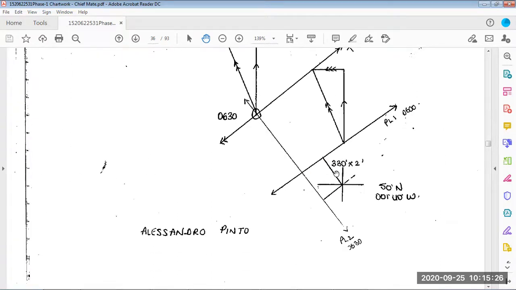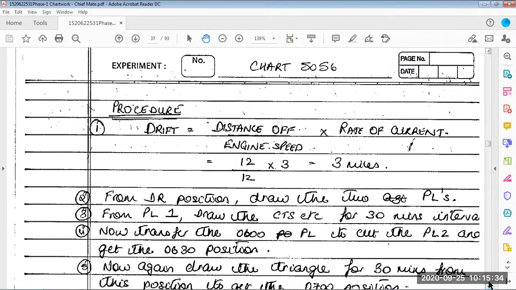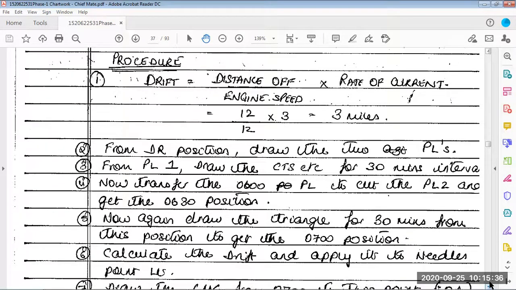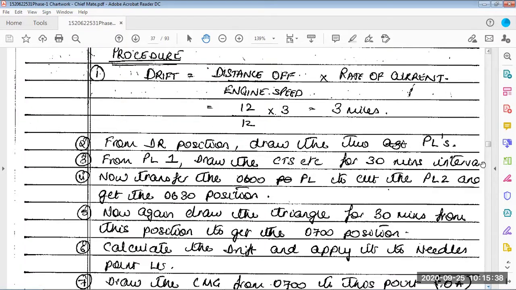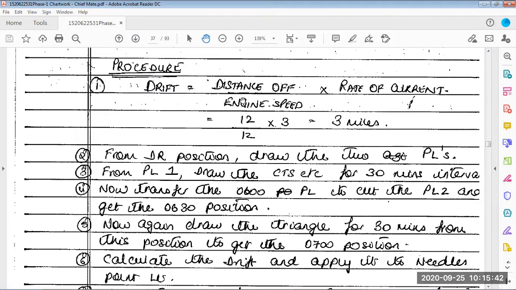So let's see the procedure in written. So the drift for half an hour is 3 miles, we know. From DR position, we draw the PLs, and from the first PL, we'll draw the course to steer for 30 minutes and transfer the first PL to cut the second PL, that's 0630 position.